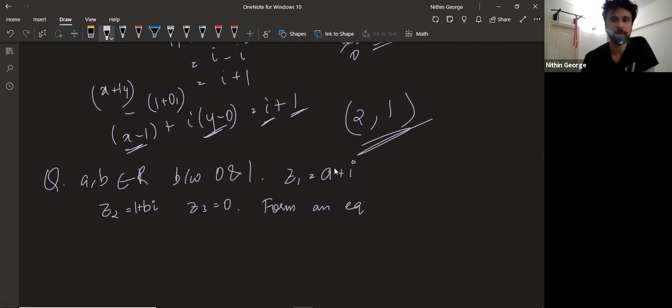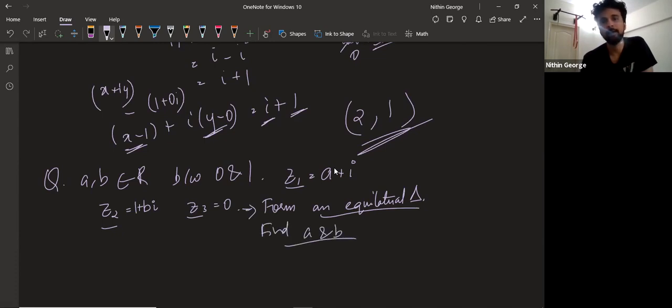They form an equilateral triangle. So these 3 points, Z1, Z2, Z3, form an equilateral triangle. Okay. So find A and B. Go for it. Okay, this is your question for your homework.